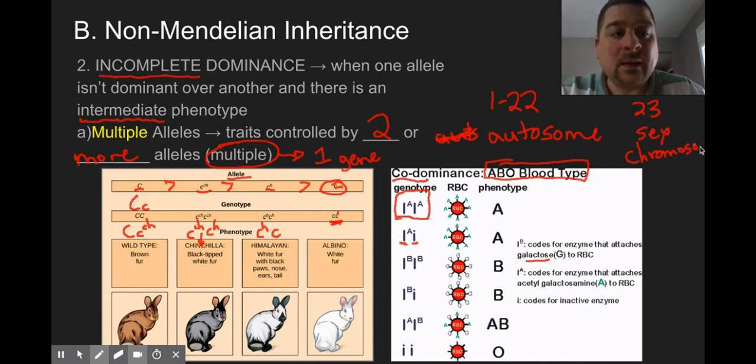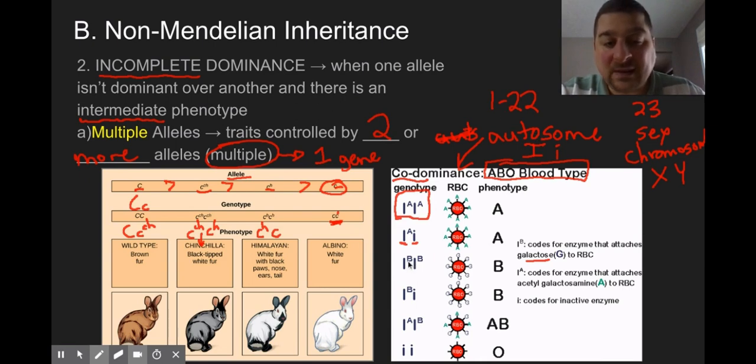So this is just telling us that blood types are on an autosome because they use an I, whereas sex chromosomes have an X and a Y, or XX if you're female. So a capital I means it's dominant. A lowercase i means it's a recessive trait, and it's on one of the first 22 chromosomes.